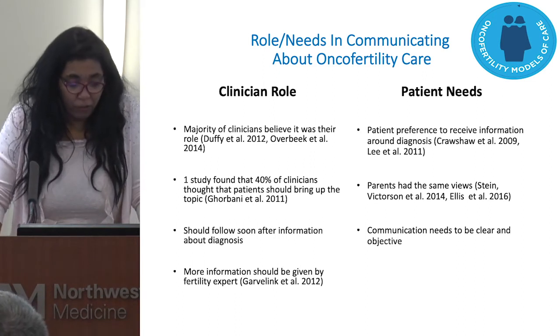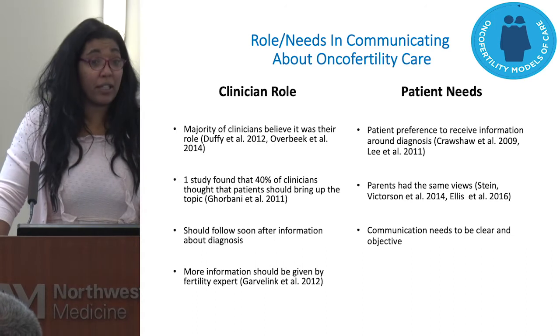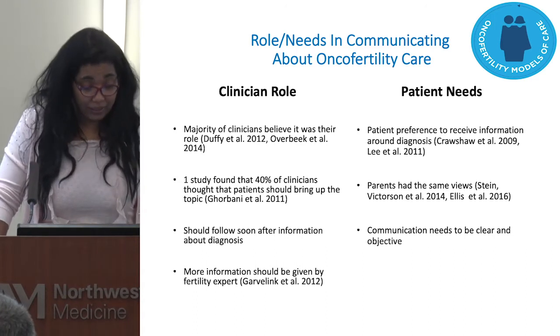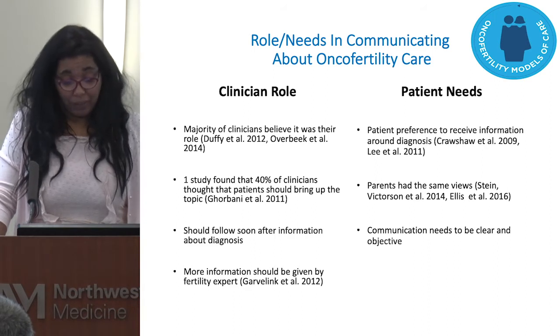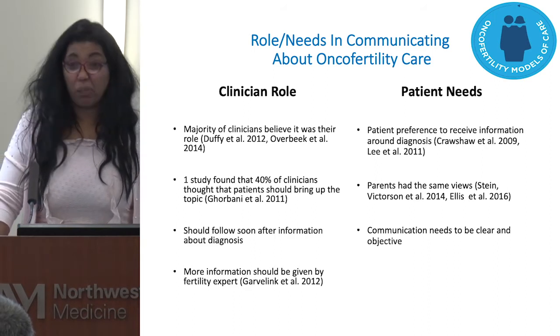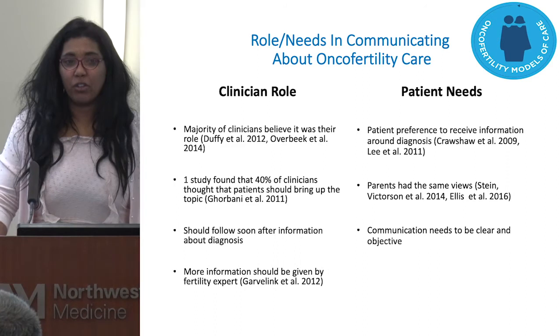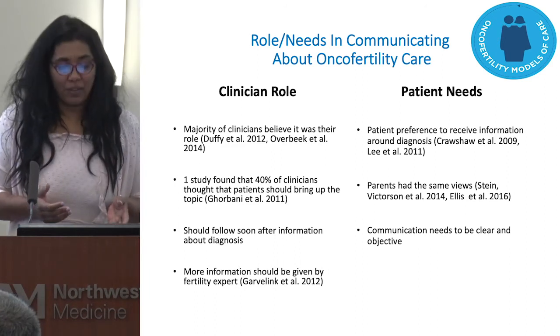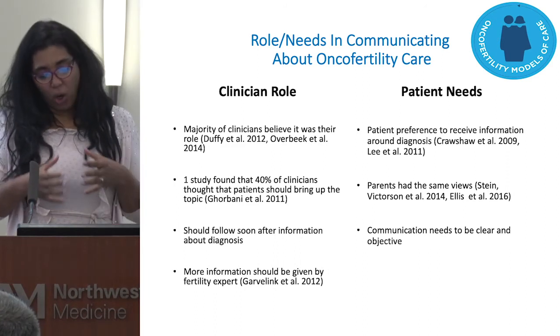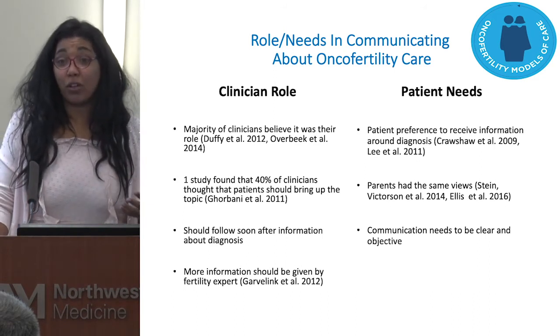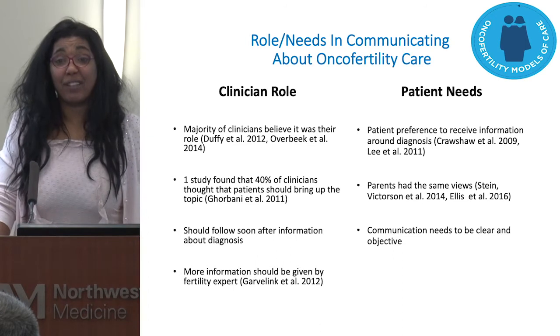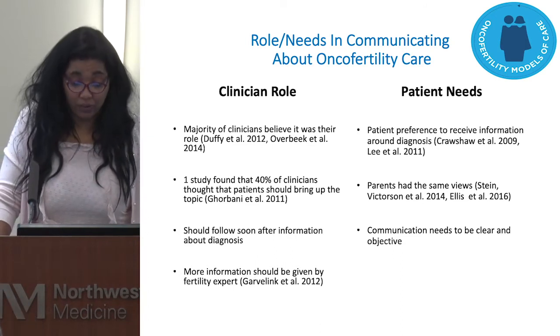Most people felt that it should follow soon after information about diagnosis, which is in keeping with the guidelines. And certainly some cancer patients felt the information should be given by a fertility expert. So, here is the compromise between having the knowledge to say that it's important, but also maybe not necessarily having the skills to be able to do it justice.